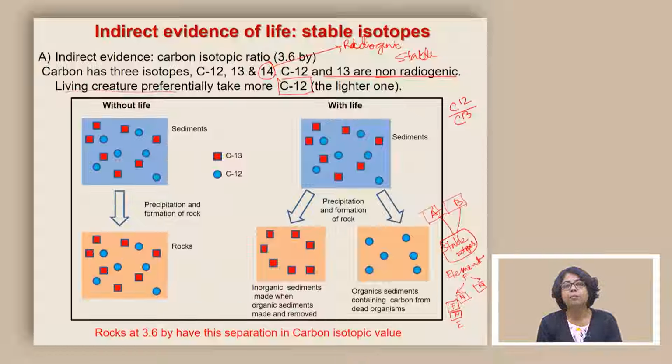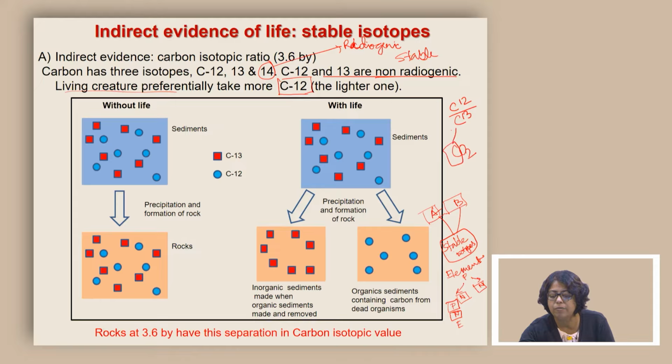In carbon dioxide there is also a carbon, and this carbon will have some C12 and C13 ratio, which represents the atmospheric C12 C13 ratio. But when the plants take it, they preferentially take C12 compared to C13. So, this atmospheric C12 C13 ratio is going to be different from the C12 C13 ratio of the plants.